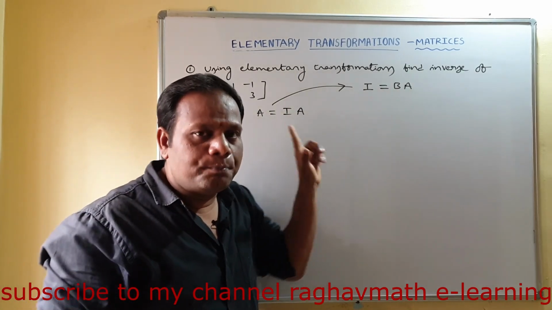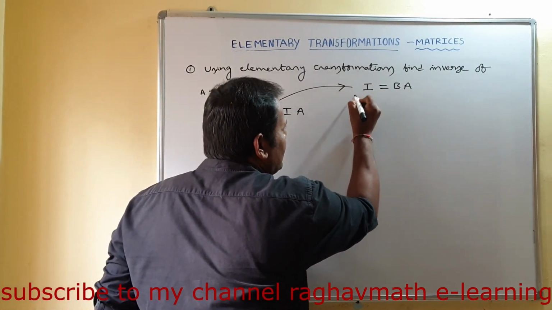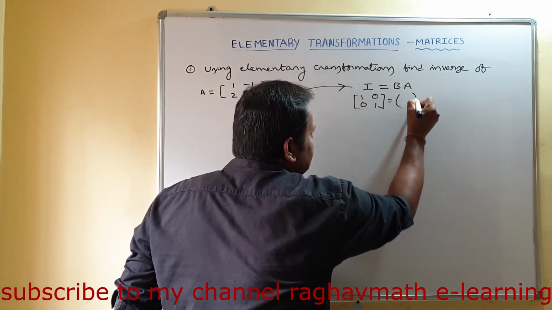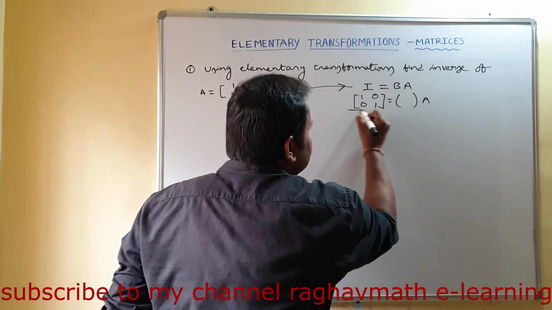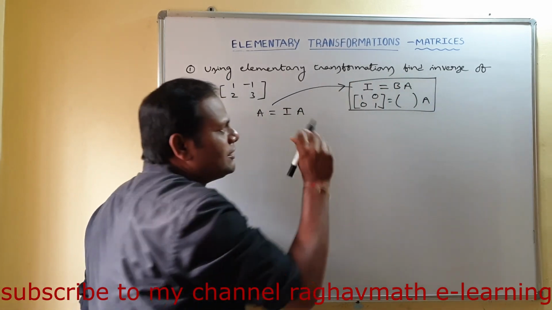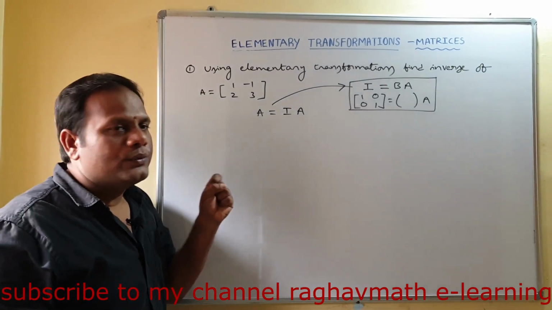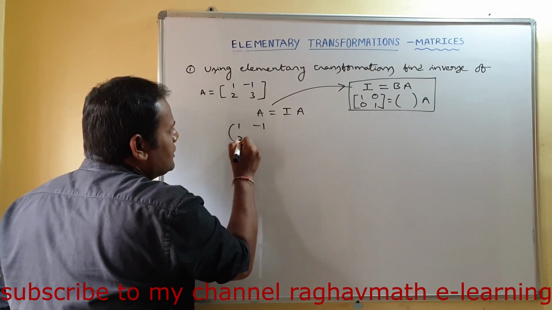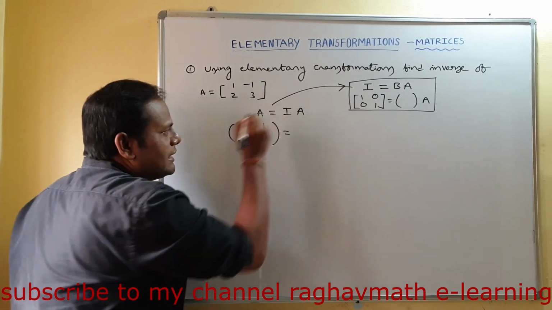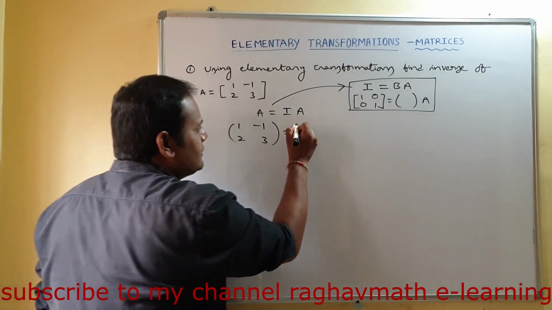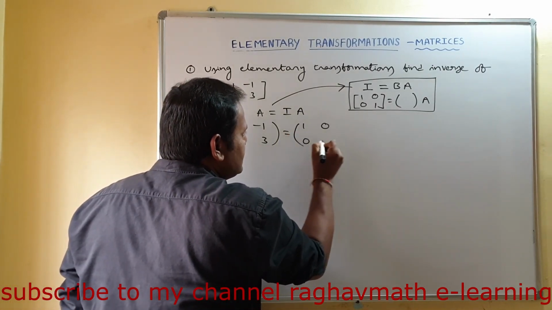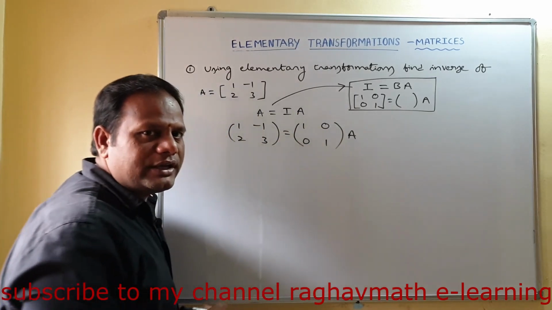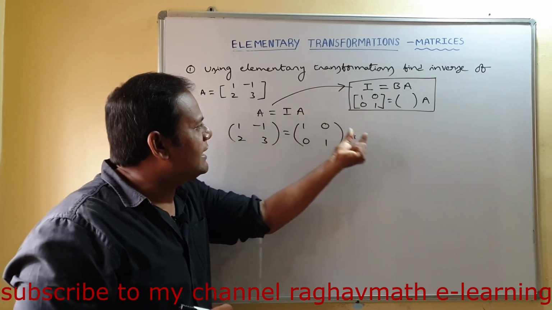So what form do we want? I equal to BA. You know the identity matrix, that is 1 0 0 1, equal to some matrix into A. So we want this form finally. This is our task. What is A? That is 1 minus 1 2 3. On the right-hand side we have the identity matrix I, that is 1 0 0 1, into A. See, I didn't write the matrix A again.